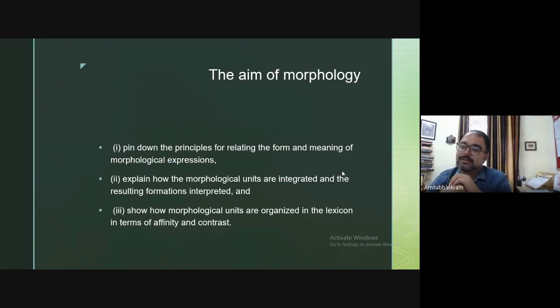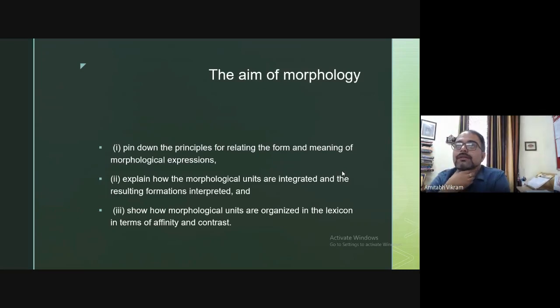We know that we have a word like phonetics and a word like phonology as well. But we do not have a word like morphotics. We have a word like morphology only. So why is it so? We will study how morphological units are integrated and the resulting formations interpreted.